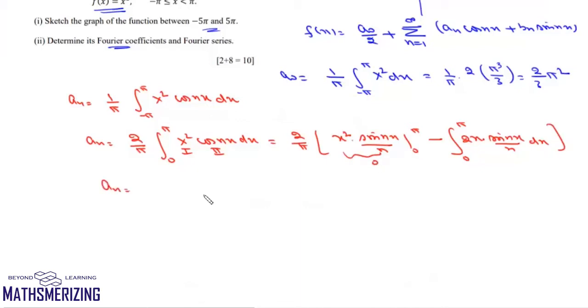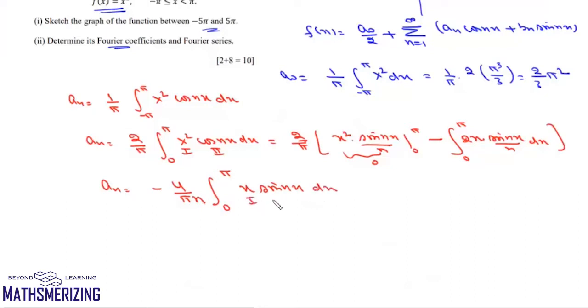So value of this first expression will always be 0. Now we can write an as minus 4 upon pi, and this integral from 0 to pi x sin nx, and we'll take this n with pi, so it will be minus 4 upon n pi into dx.